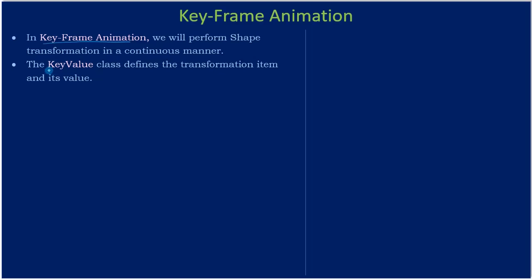So this is one class that will represent the transformation item as well as its value. So here when we talk about transformation item, the transformation item will be like translate, rotate, scale. All these stuffs are considered as a transformation item.